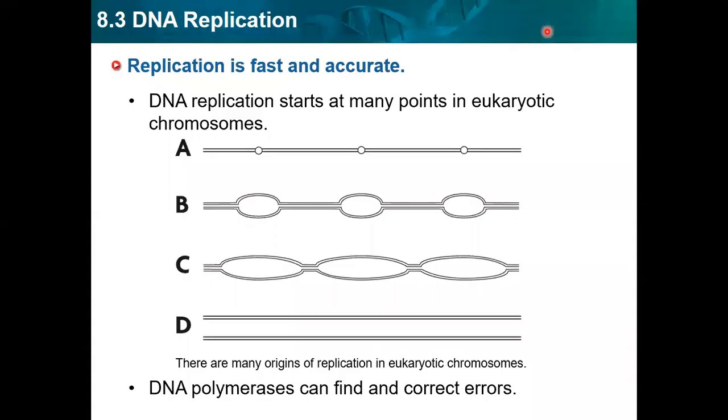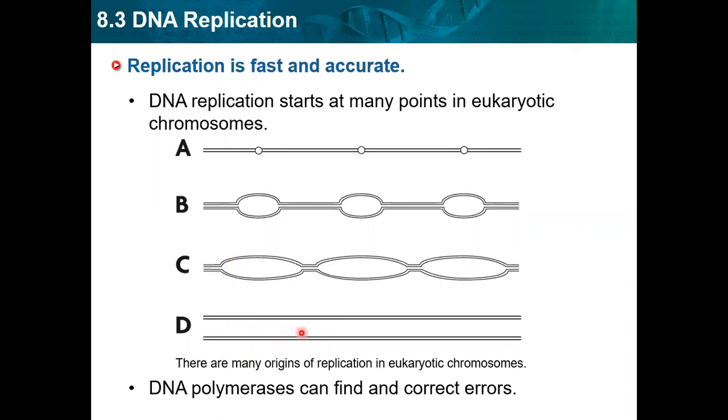And after the process, the DNA polymerase has to find and correct the errors. What do we mean by finding and correcting the errors? It's going to run through the process and check every nucleotide base to see if they are accurate.